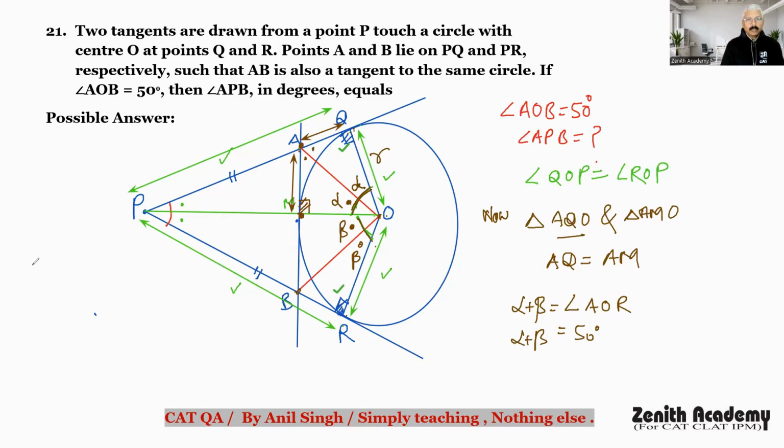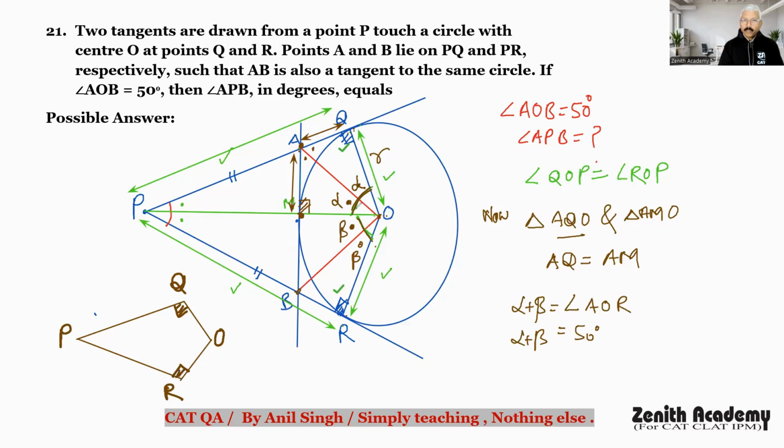So let us take one quadrilateral here. This point is P, this is Q, and this is R, this is O. It is given 90 degrees, it is given 90 degrees.